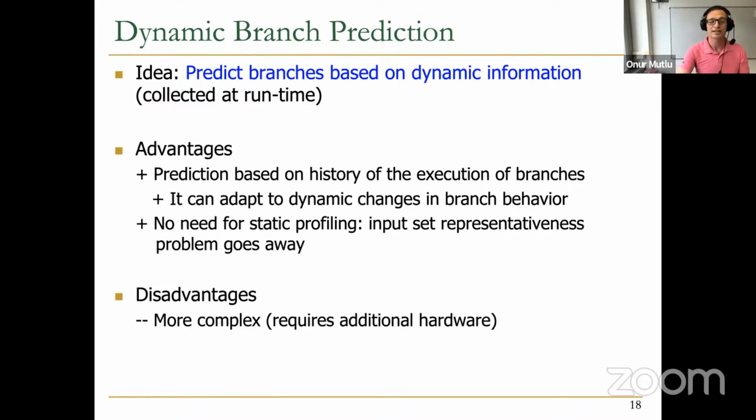But of course, this is more complex. We'll see there will be a lot more hardware that we will add. And more complexity leads to higher area cost as well as higher latencies in prediction. Looking at a single bit coming from the instruction format is easy. You don't need to do any computation, but we will see that we will need to do computation. As you do computation to predict the branches, then your critical path at the fetch stage may increase. And you may actually need to have a much longer critical path or break it into multiple cycles.